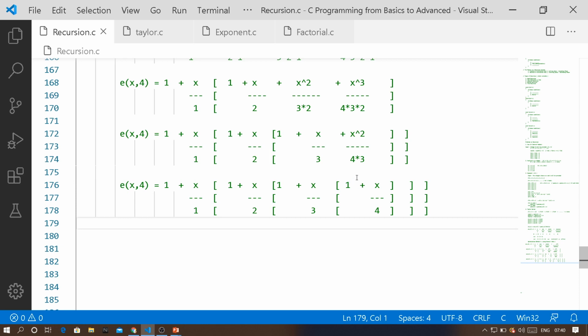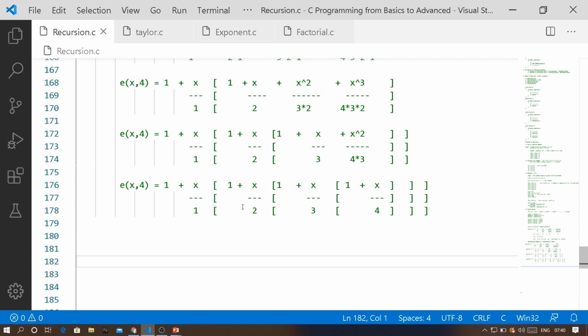Yes, it looks the same. 1 plus x divided by n, 1 plus x divided by n minus 1, 1 plus x divided by n minus 2, 1 plus x divided by n minus 3, up to 1 it can reach. When n is equal to 0, we can just stop.